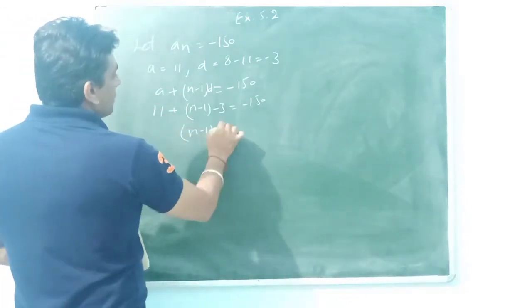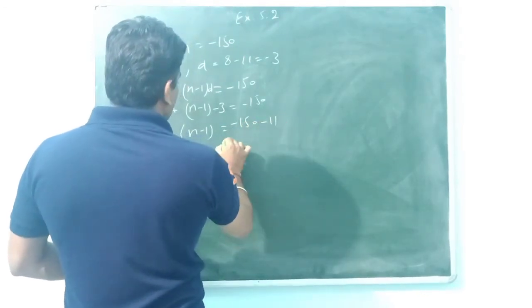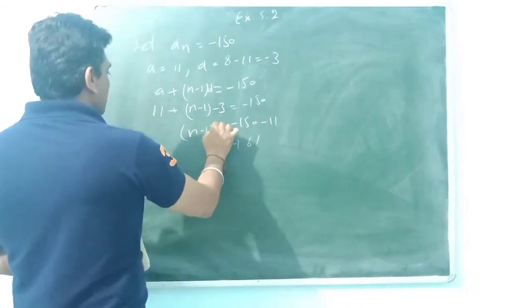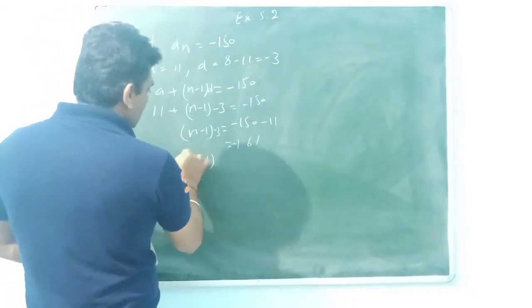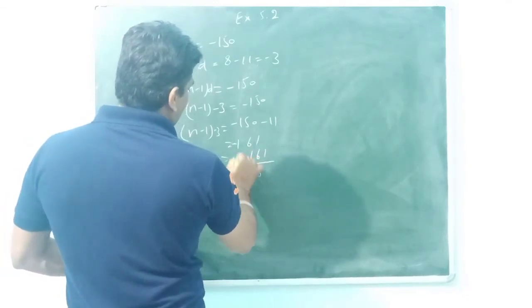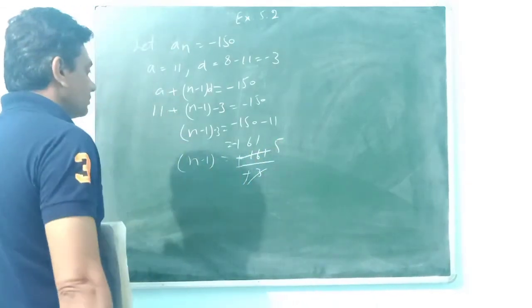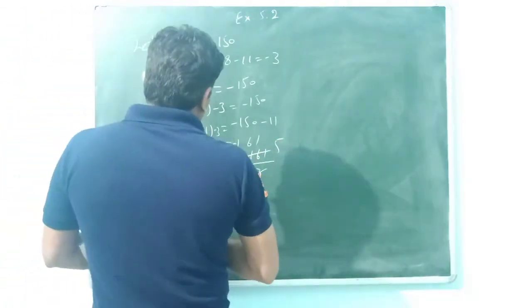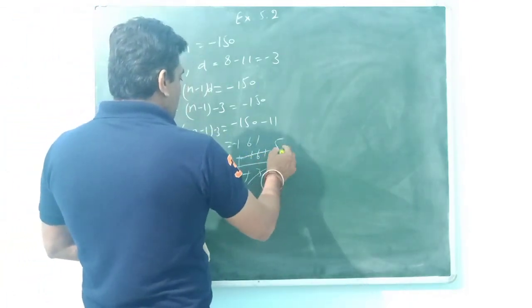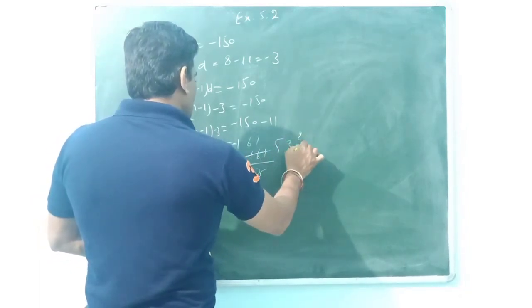n minus 1 equals minus 150 minus 11, which is minus 161. Now n minus 1 equals minus 161 divided by minus 3, that is 161 by 3.